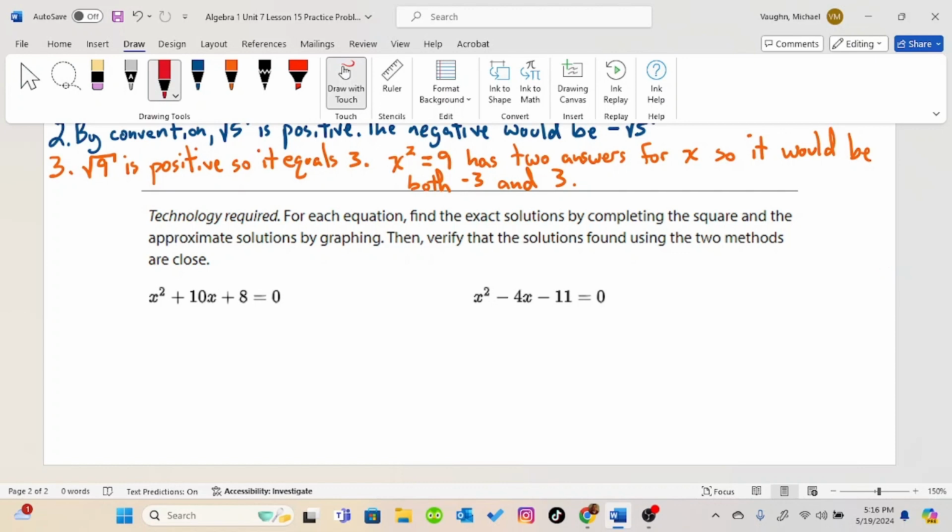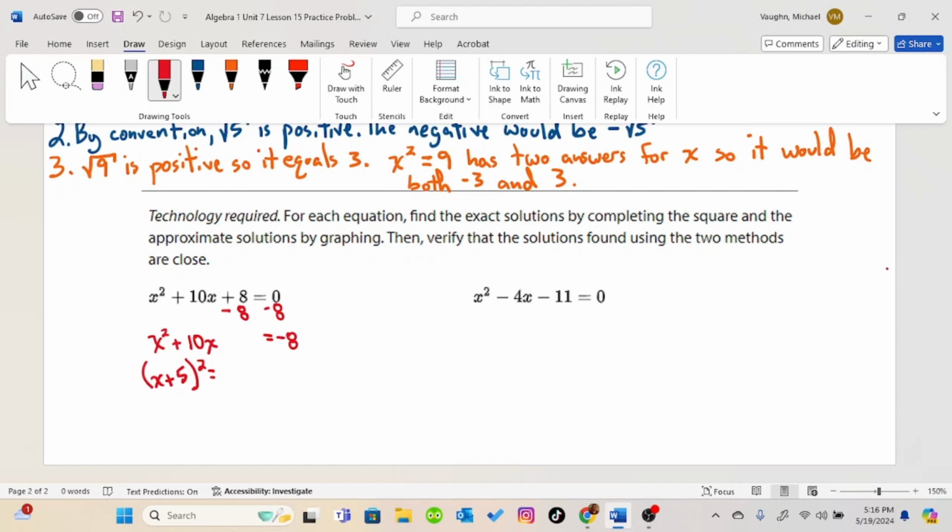So first step in completing the square is to move the c term to the other side. This gives us x squared plus 10x equals negative 8. Now we take the b term, which is 10, and we divide it by 2, which gives us 5. So our factored form is going to be x plus 5 squared.